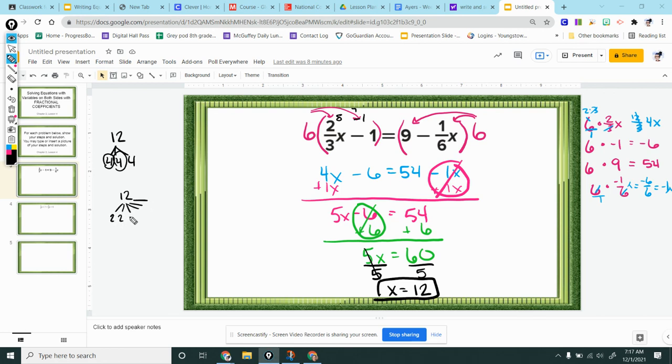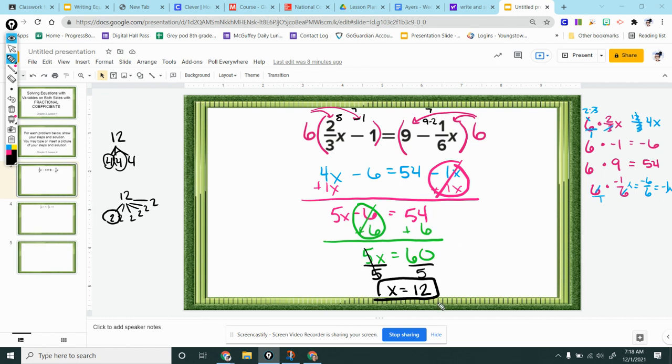Each one of them is going to be 2. 2, 4, 6, 8, 10, 12. That's why this worked as well. If I'm breaking up into thirds, 4, 8, 12. Now I'm looking that I have one of those sixths. So I have 2. 9 minus 1/6 of x, 9 minus 2, also equals 7. And since 7 is equal to 7, I know I solved it correctly.